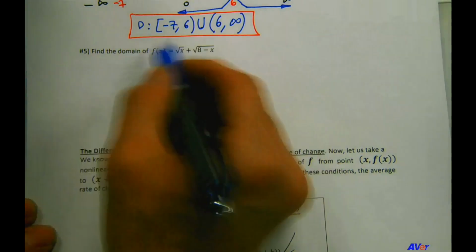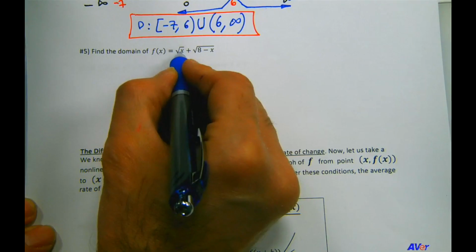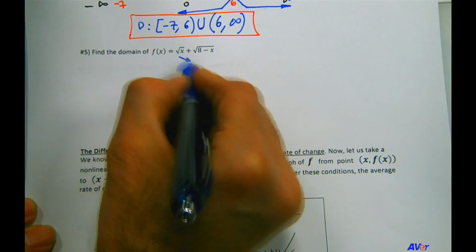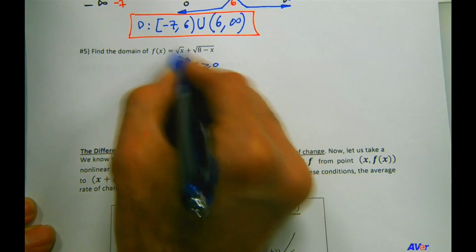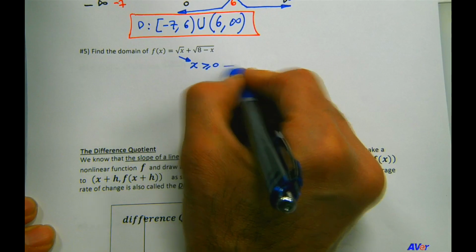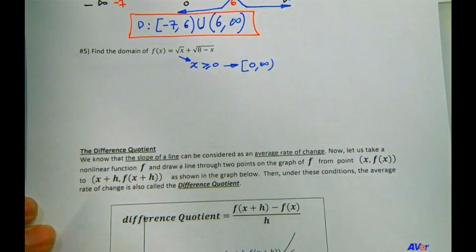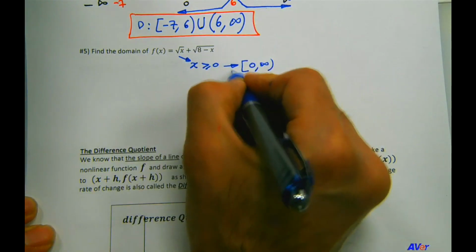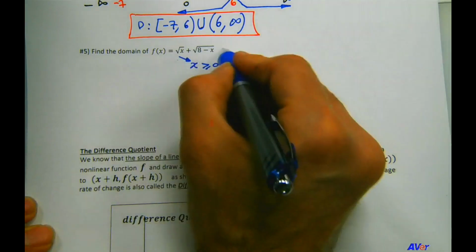Okay, so I'm assuming you've done that. The domain of the first piece is that x must be greater than or equal to 0, right, from that piece. So from this, we get bracket 0, comma, infinity. That's the domain of this piece, square root of x. How about that one?